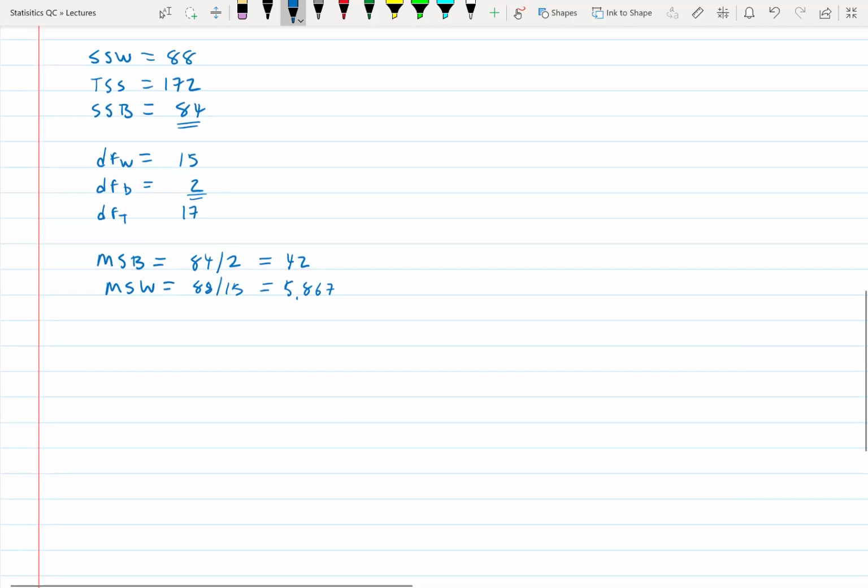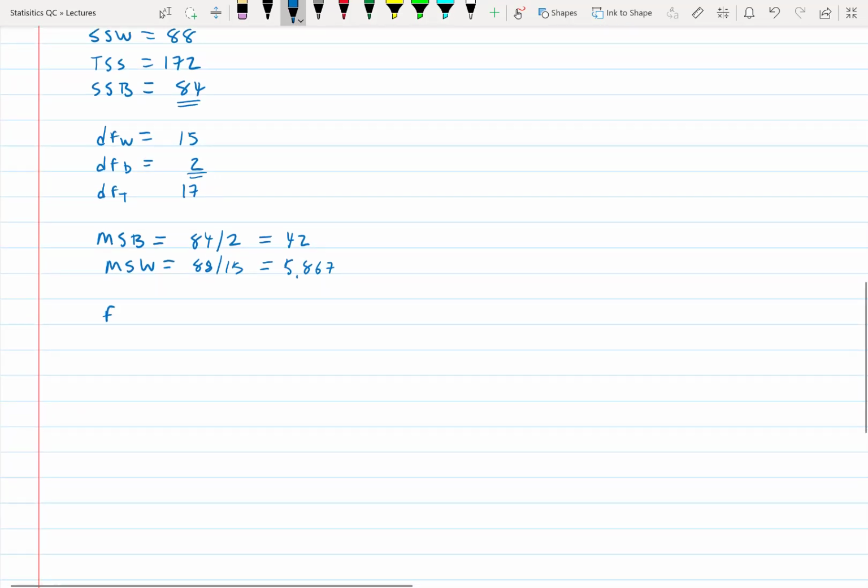All right, our F ratio finally, after all that, is MSB over MSW, and that is going to look like this: 42 over 5.867, and that equals 7.159.